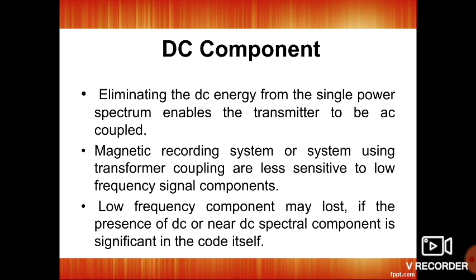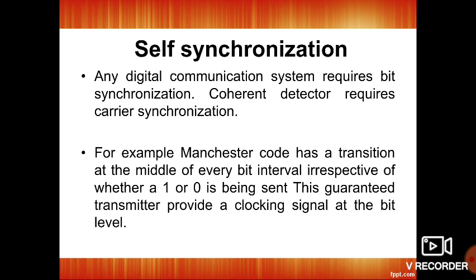Line codes enable elimination of DC energy from the signal power spectrum, so that the transmitter can be AC coupled. Another property is self synchronization. Here in line codes, digital symbols can be amplitude modulated on some carrier to generate an amplitude modulated pulse train. Such a signal can be represented as x of t.